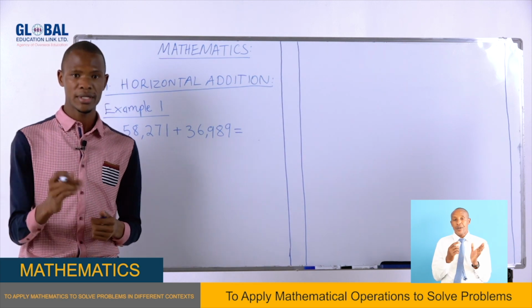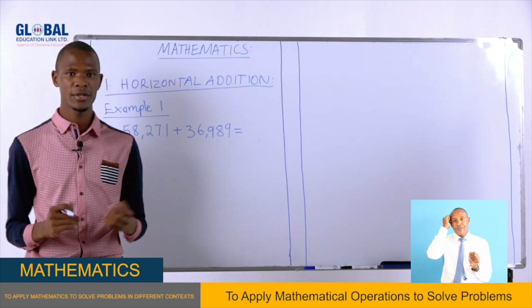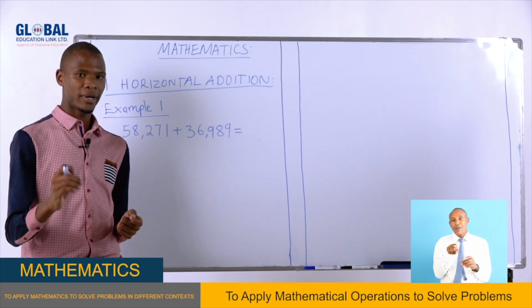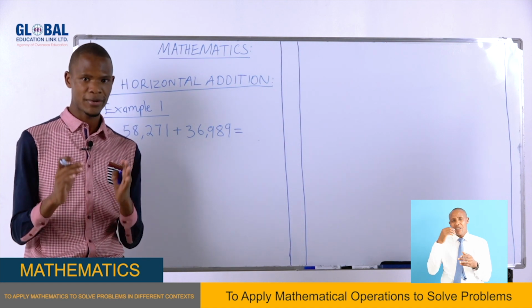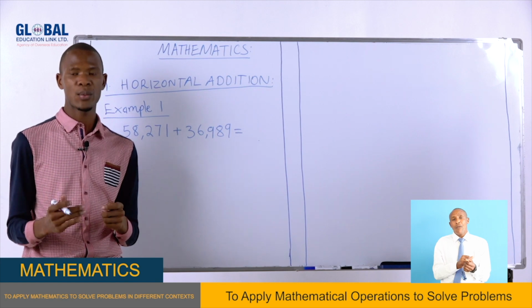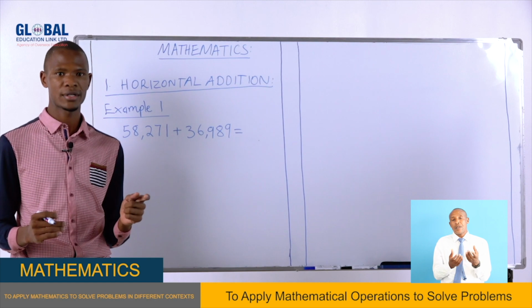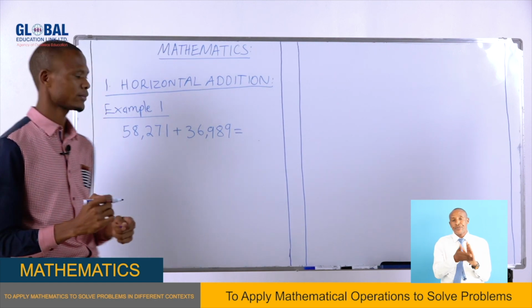So now let us start solving. Remember, when we are solving these problems, please don't panic because it is very simple. Just consider the place values of numbers. When you get a sum of numbers which exceeds 10, please, we need to carry forward. Hope you understand. Okay, now let's start.